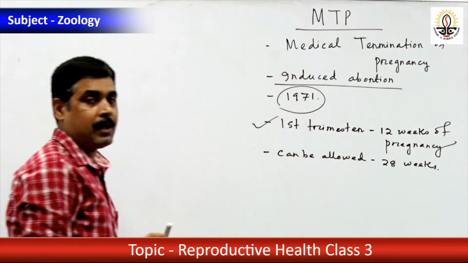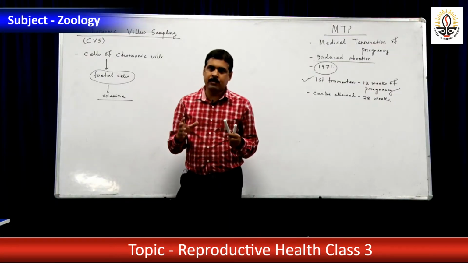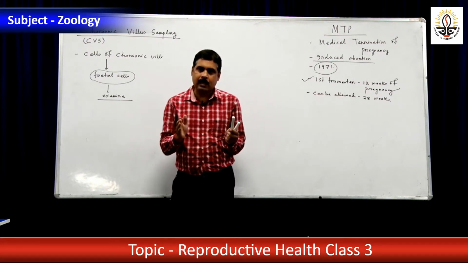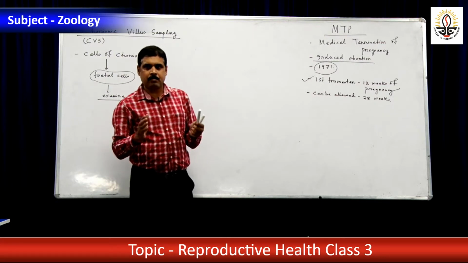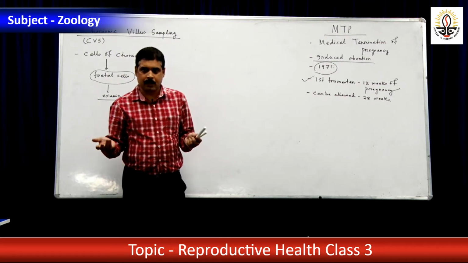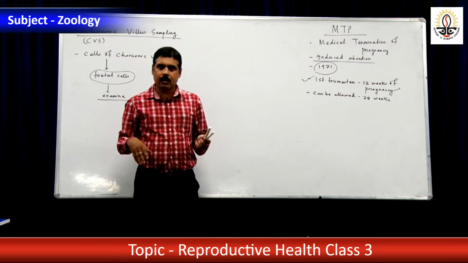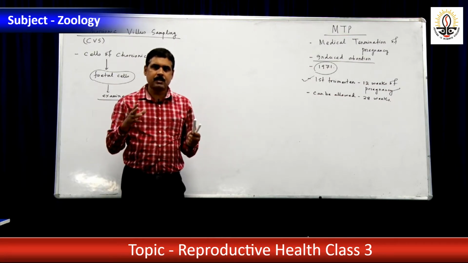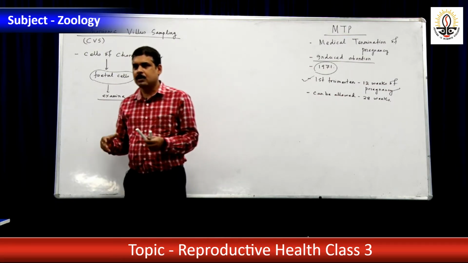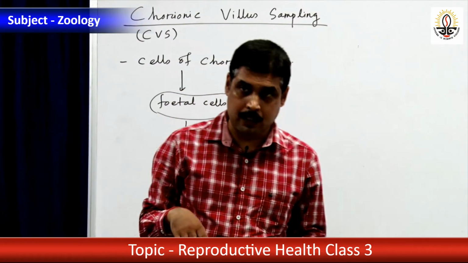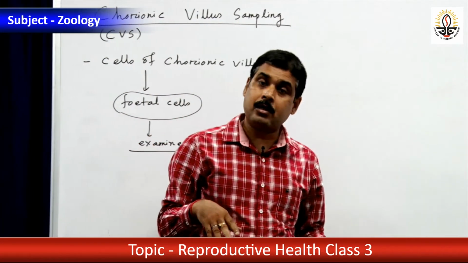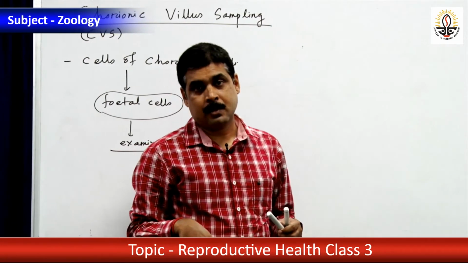Why is it safe in the first trimester? Because when the fetus is little at that particular time, it is easier to do MTP. But in the middle period of the pregnancy, if MTP is forcibly carried out, what usually happens is that it may cause uterine injury. The mother may die because of hemorrhage, heavy bleeding.